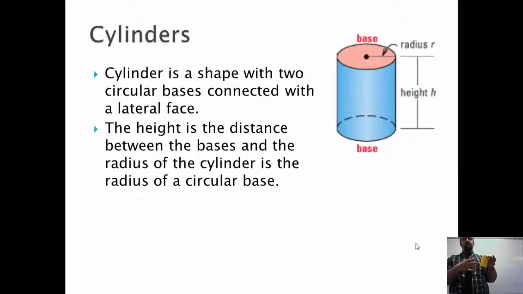So this here is a cylinder because it has two bases that are circles that are parallel to each other. The height will be the distance between those two circles. And the radius is the radius of the circle. And that's a cylinder. This is still the lateral face. These are bases. Alright?